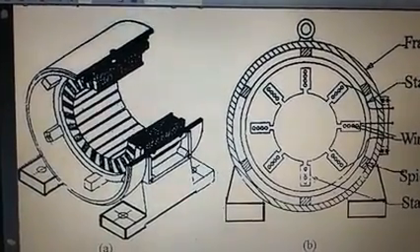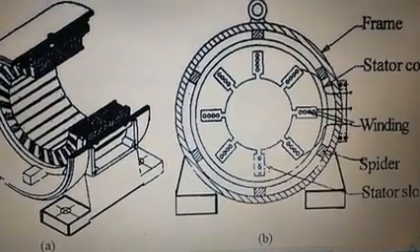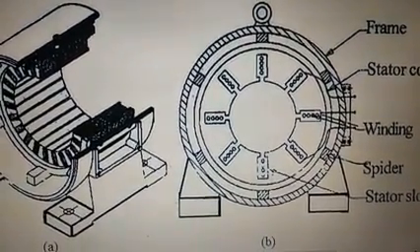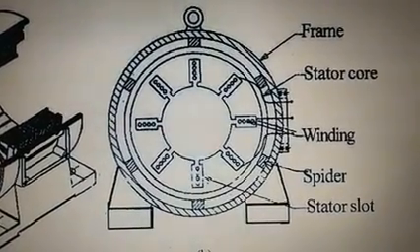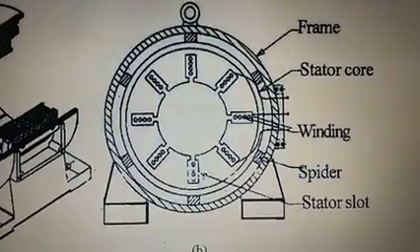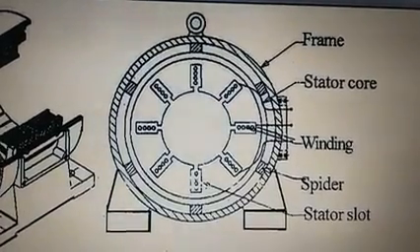Now let us see the rotor part, diagram B. The rotor of a squirrel cage motor contains no winding. There is no winding on the squirrel cage rotor.